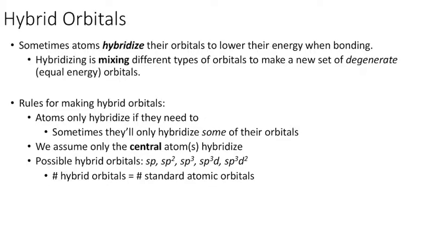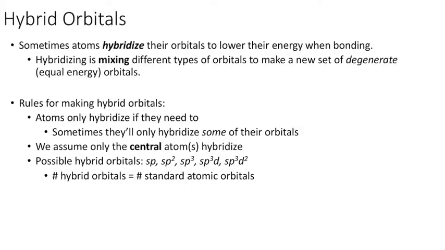We should, though, understand the rules that are behind hybridization. So first of all, only central atoms in structures tend to hybridize, and they only hybridize the orbitals that they need. So it's always a little bit random in that sense. In other words, it may not be all the atomic orbitals on that center atom that are hybridized. And I'll show you an example and talk about that in a minute.